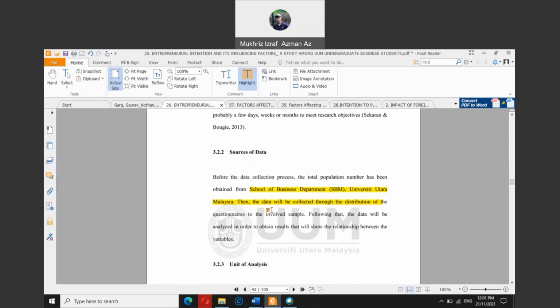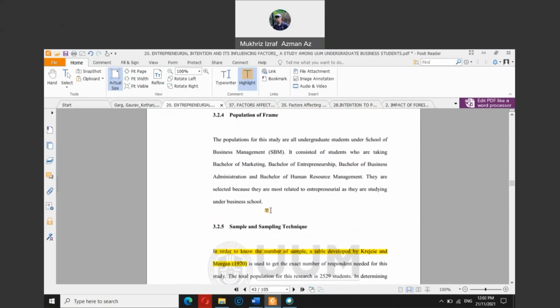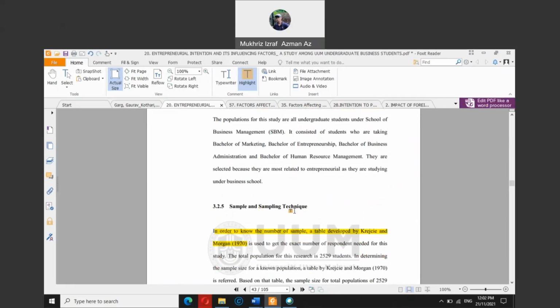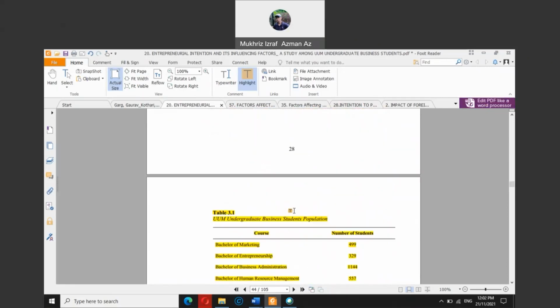Of course, I think you need to mention whether the questionnaires are collected online. I think that one must be mentioned on how you are going to conduct the sampling, the sampling technique, how you are going to actually obtain the information.